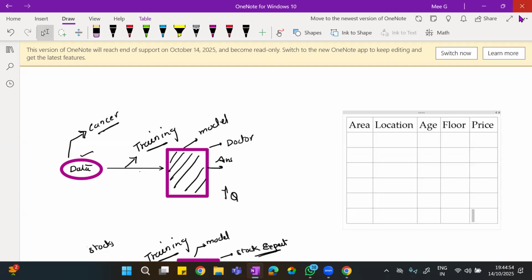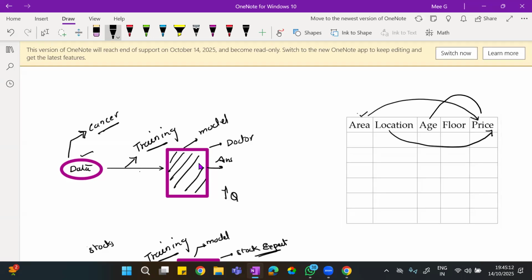Now, how your model will learn is, it will start learning how much, if there is a change in the area, it will affect the price. Or if there is a change in the location, how much it is affecting the price. Age, how it is affecting, and the floor location, how it is affecting.